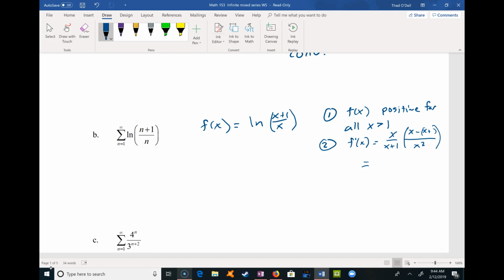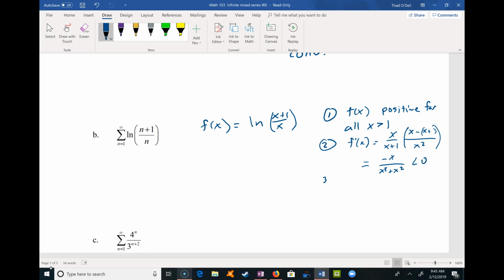So the derivative would be x minus x is 0, so that'd be negative 1. So that'd be negative x on top, and that would be x cubed plus x squared on the bottom. And so since we're plugging in positive numbers here, the bottom will be positive and the top will be negative. So this is always less than 0.